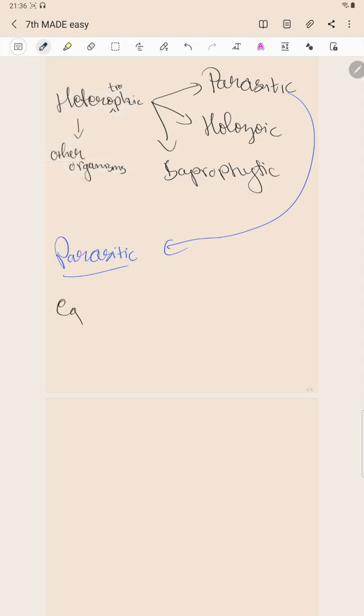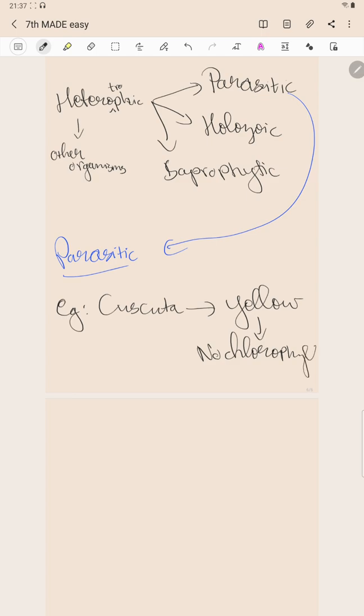For example, Cuscuta. It is yellow in color. Since it's yellow in color, it has no chlorophyll. So since it has no chlorophyll, it is not an autotroph, so it has to depend on some other organism for its food.